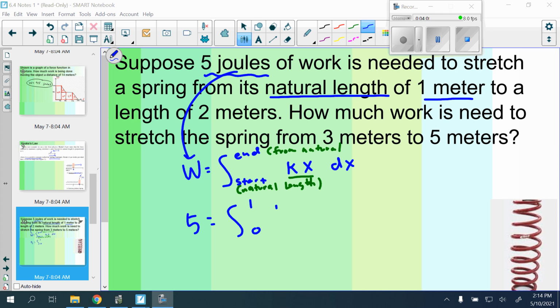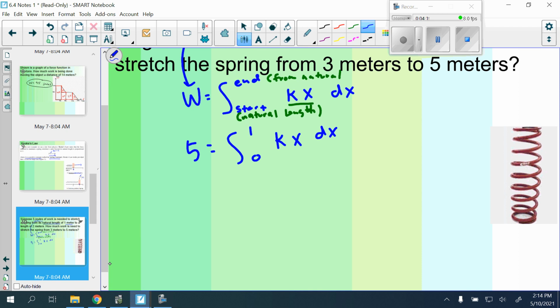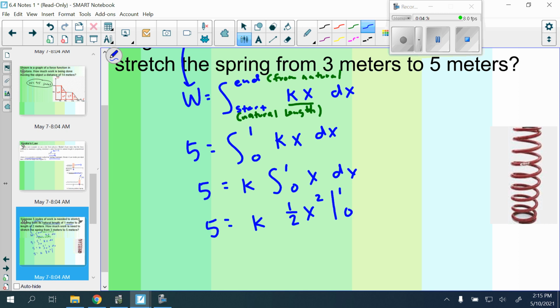All right, so next, what do we know about this spring here? Well, we know we got some spring constant times x dx. So we're not sure of that spring constant right now. So let's integrate. We got to remember k here is a constant, so if we wanted, we could pull that outside. And now we're just integrating x. So that antiderivative would be 1/2 x squared from 0 to 1.